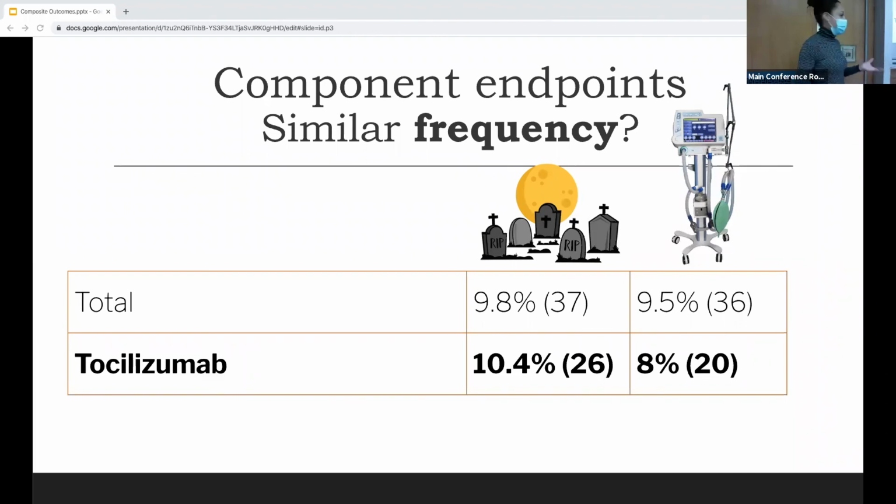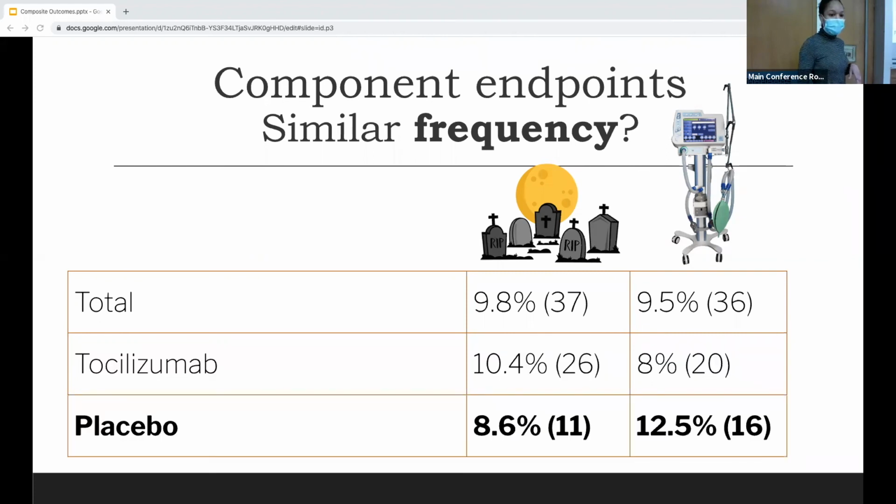So more death in the tocilizumab group than mechanical ventilation. And then when you're looking at the placebo group, it actually switches and you have 8.6% death in the placebo versus 12.5%. So you see a crisscrossing, where there is a higher percentage of death in the tocilizumab group and a higher percentage of mechanical ventilation in the placebo group. So it's a little bit unbalanced. Overall, the numbers are not drastically different, but it's a little bit odd how they crisscross there.